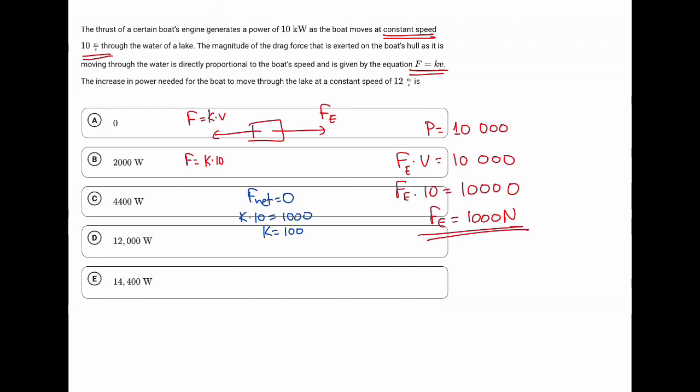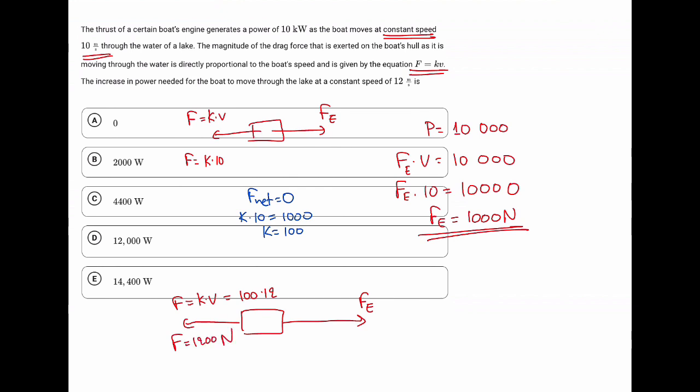Now we have a new situation with most likely a greater force by the engine. I don't know exactly the value, but since we're moving with a greater speed, most likely the force by the engine will have a greater value, and a similar force of resistance, a drag force, that is K times V. We know the value of K, we know the value of V. The new constant speed is 12 meters per second, so the drag force is 1,200 Newtons.